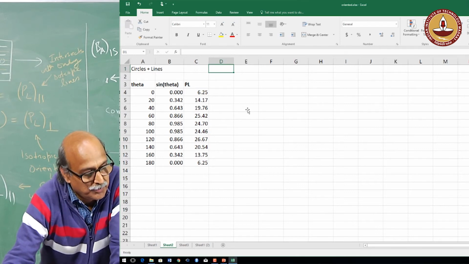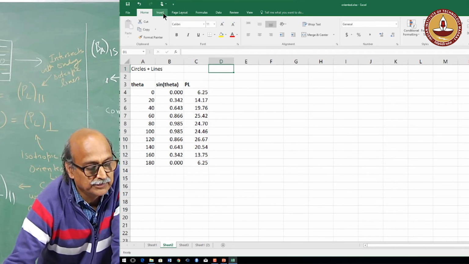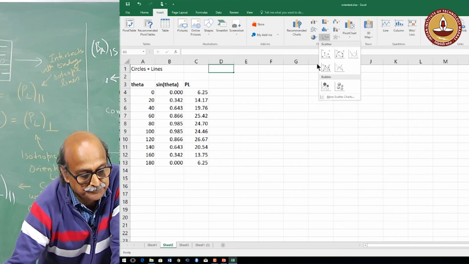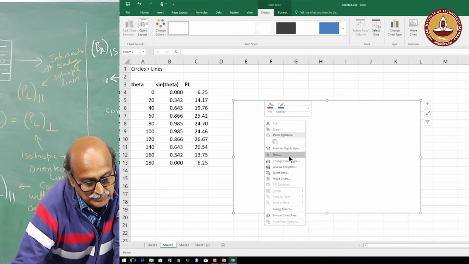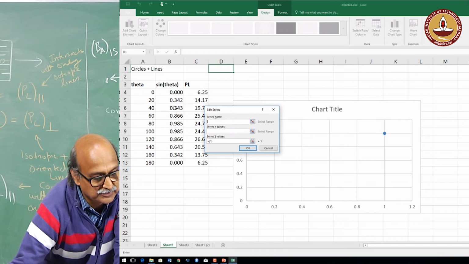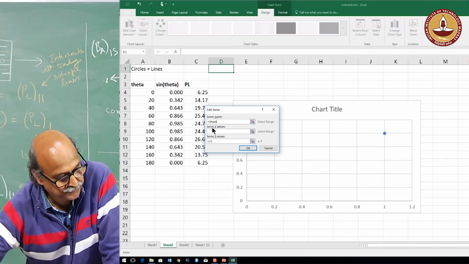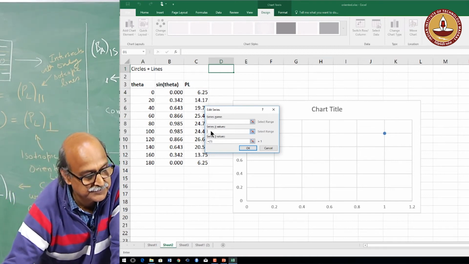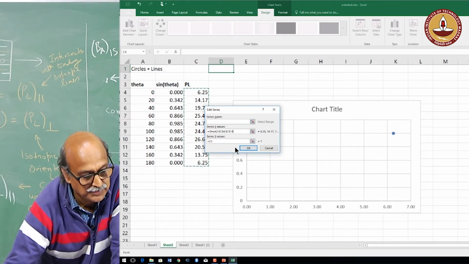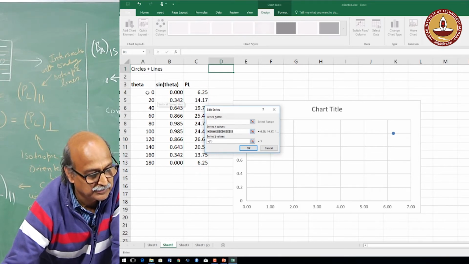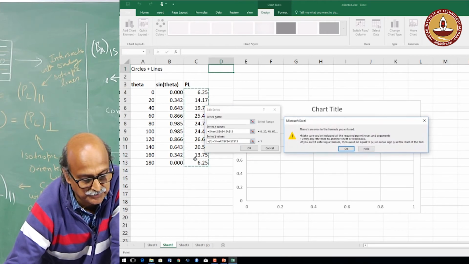Now, let us try to plot this as before. Let me insert, let me add data to this. So, x axis is theta values and y axis is PL values. Whoops, sorry, theta values, y axis PL values.